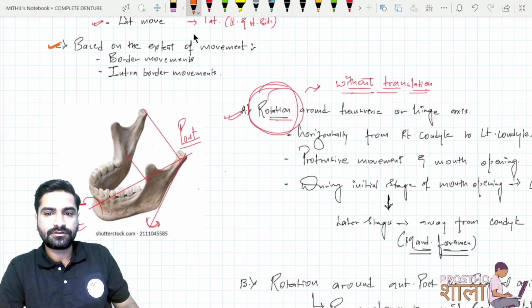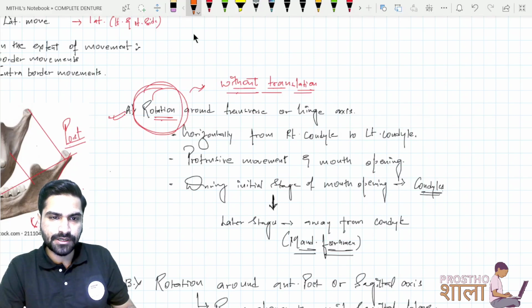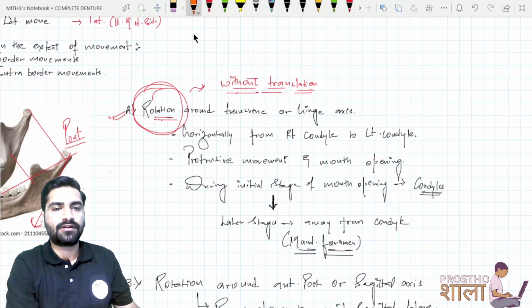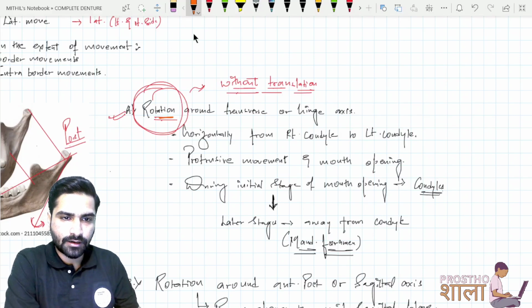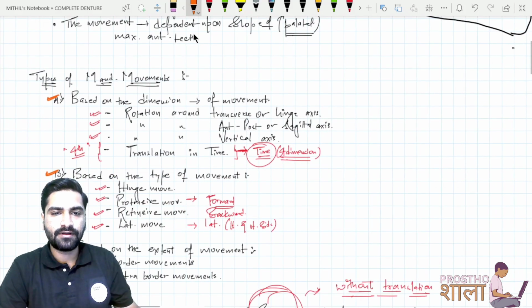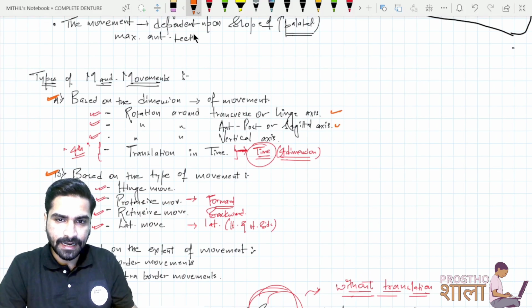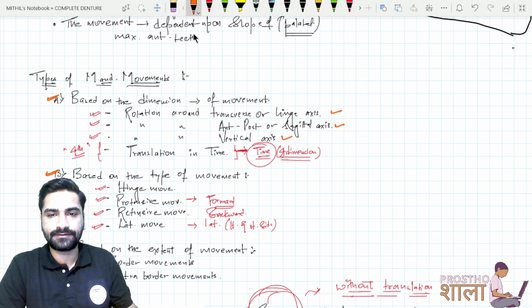Okay, so firstly, based on the dimension of movement, we have rotation around the transverse or hinge axis. Then secondly, you have rotation around the anteroposterior or sagittal axis, and rotation around the vertical axis.